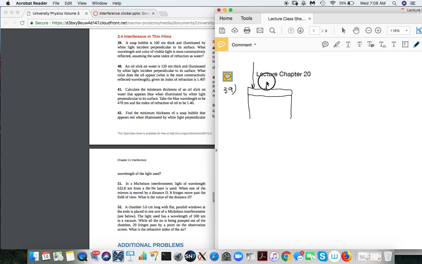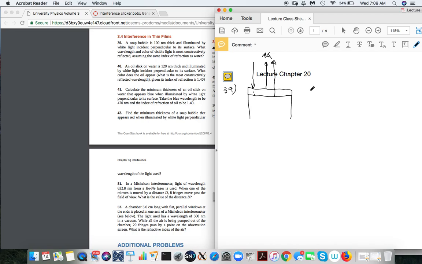You have the first region, which is the top part of the film, and you have a second region of reflection. That's the first thing. And then you're looking down from here.